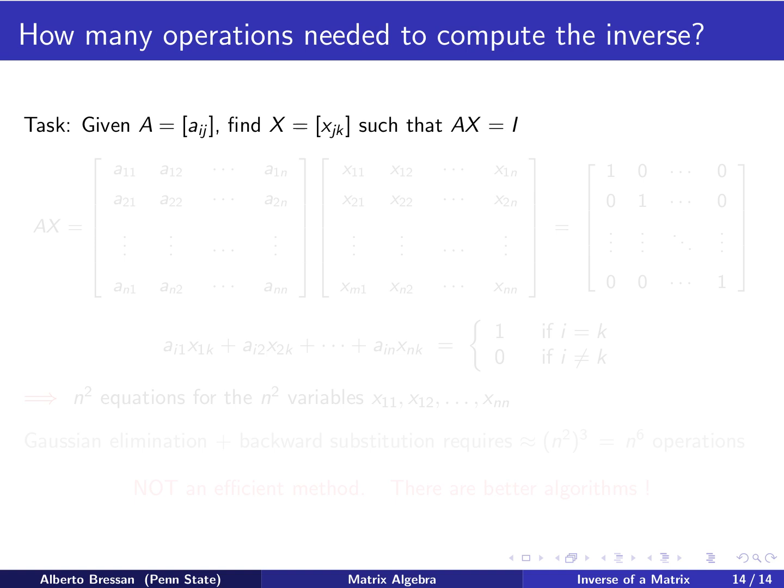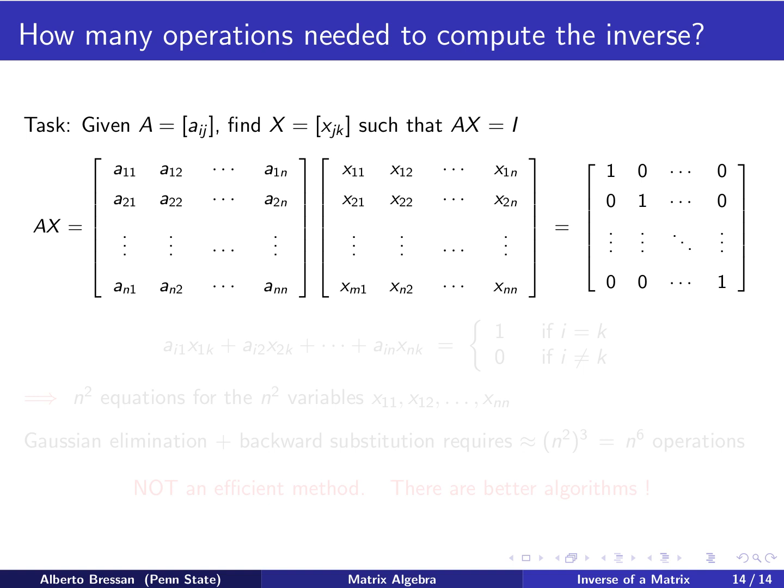Given a matrix A, n by n, with the elements a_ij, I want to find another matrix, let's call it capital X, with its elements x_jk, such that capital A times capital X gives me the identity.